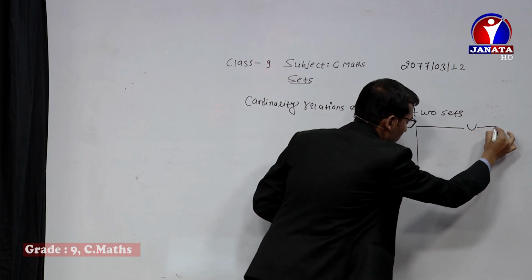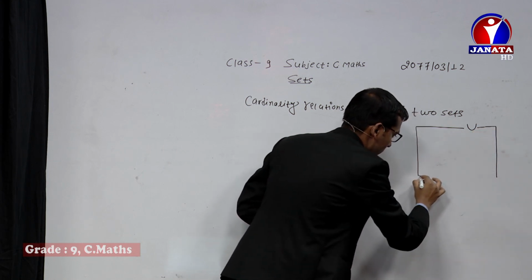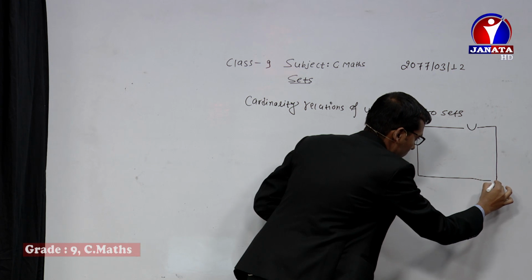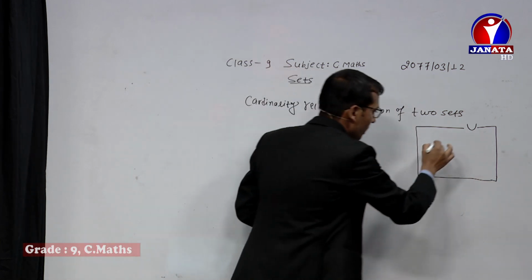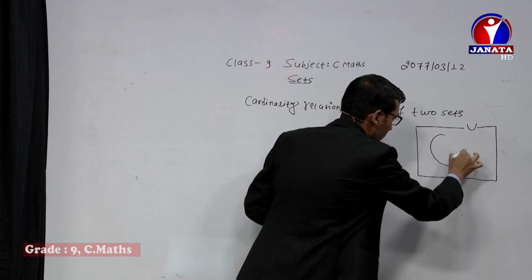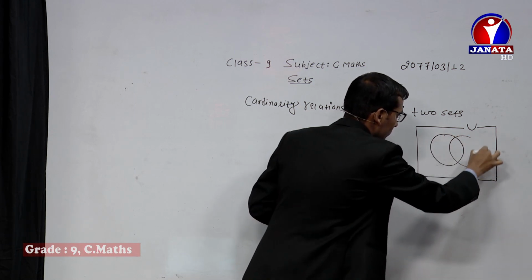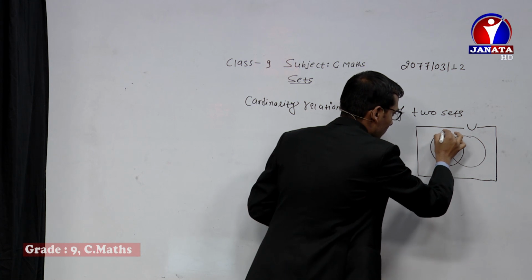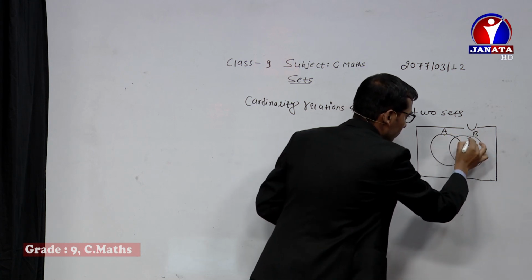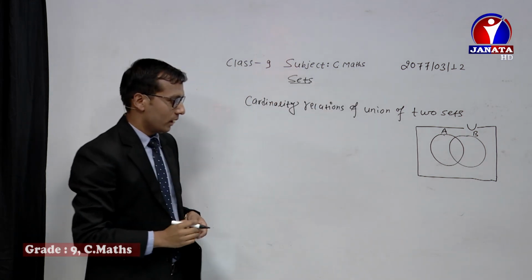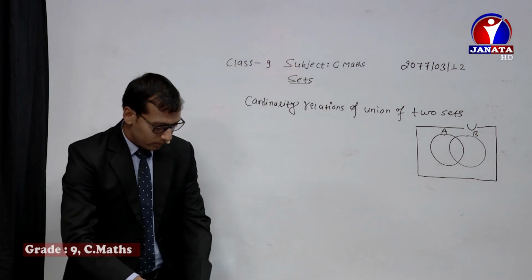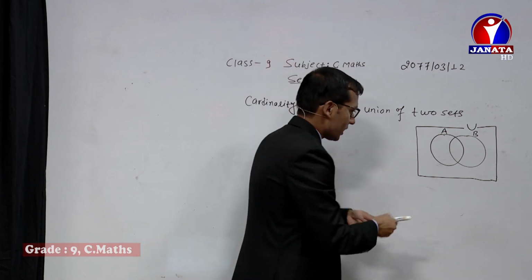Here U is the universal set. I am taking two subsets of the universal set, A and B. So let's look at the diagram.